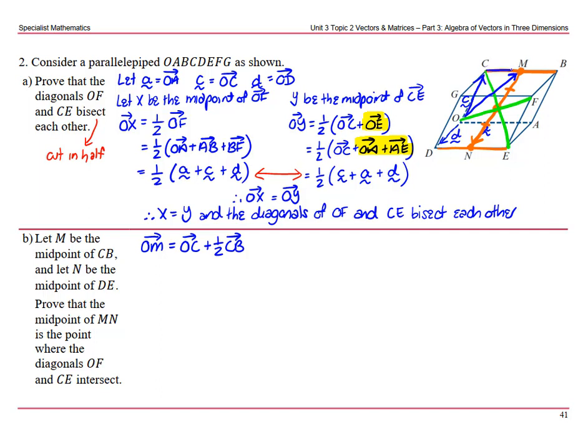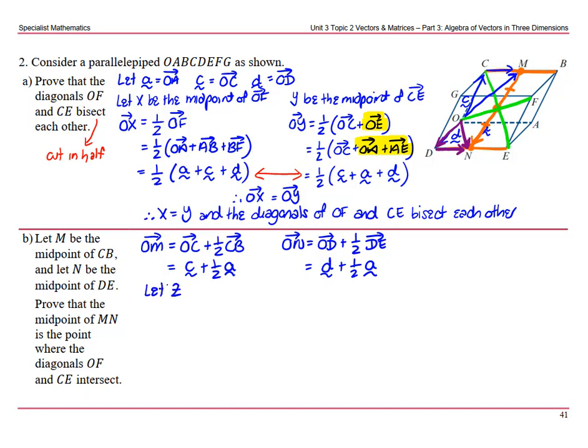So here, here. That equals vector C plus a half of vector A. ON is going to be OD plus a half of DE. So ON is here. So that equals OD plus a half of DE. So I can rewrite that as vector D plus a half of vector A.